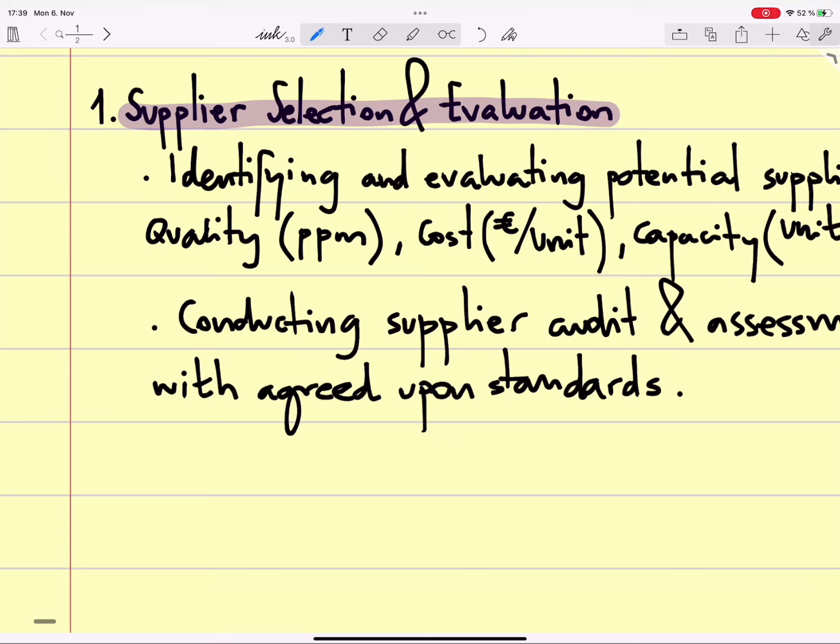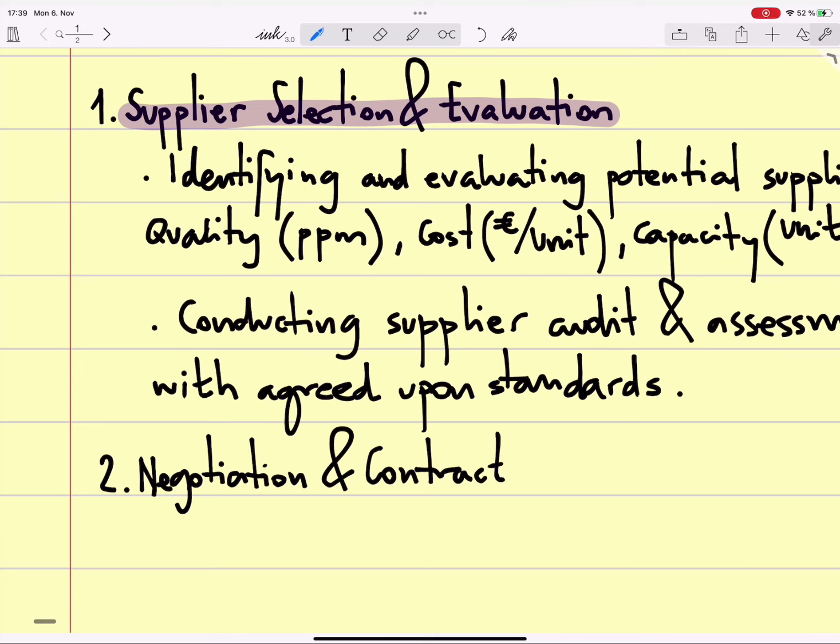So the second one, it's called negotiation and contract management. Okay.